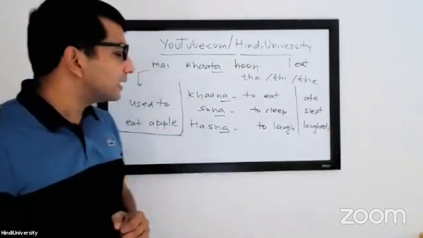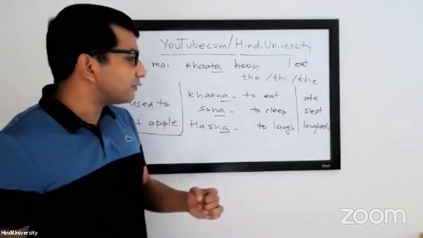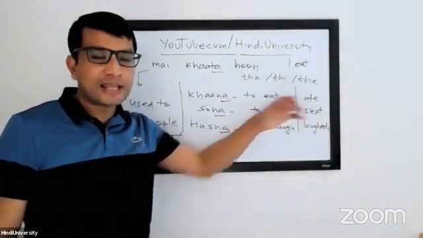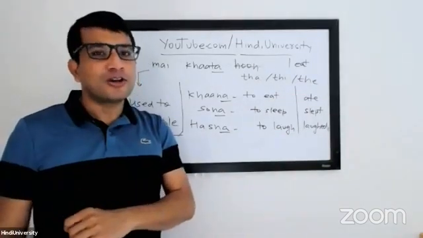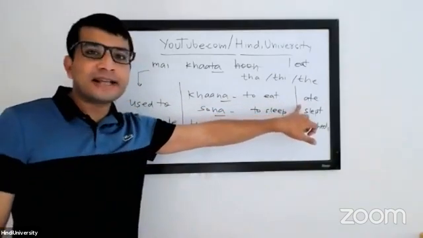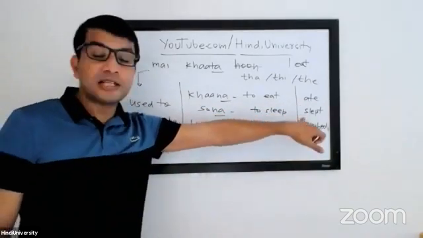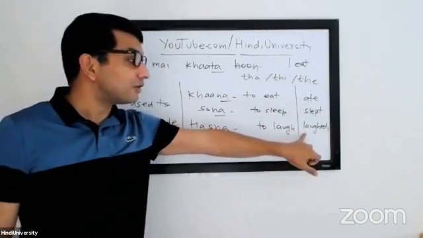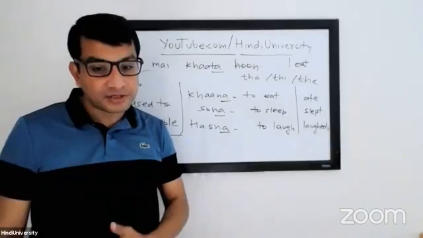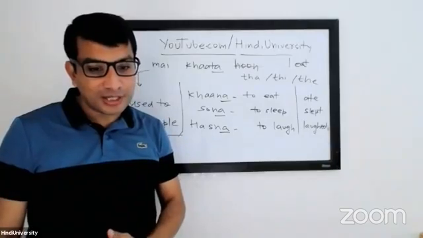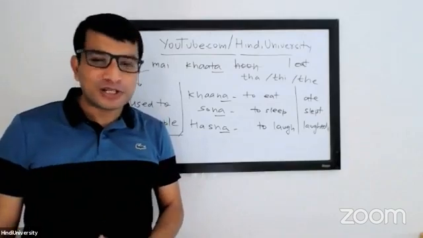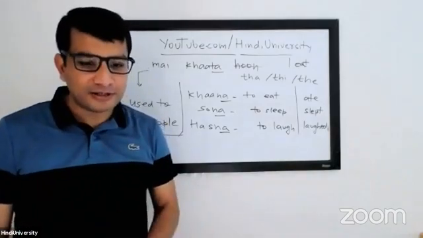However, like many of the other languages, if you did something in the past, like yesterday or last year or last week or last month, such as I went to India, I ate a lot of dosa, I slept very late last night, or I watched a movie, I laughed a lot, something that you did in the past, you performed the action, that's when things start changing, and that's when you need the explanation of transitive verb and intransitive verb.